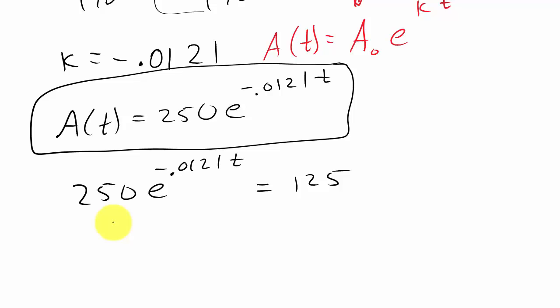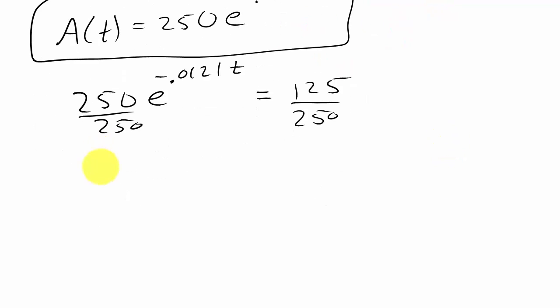That's half of the 250. So now we solve for t. I divide everything by 250, and so that's going to be e to the negative 0.0121t equals 0.5.